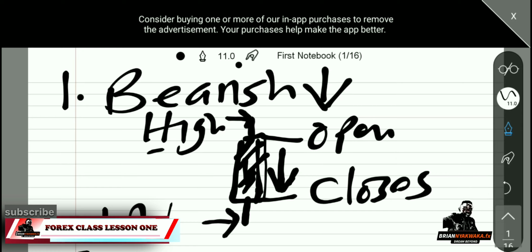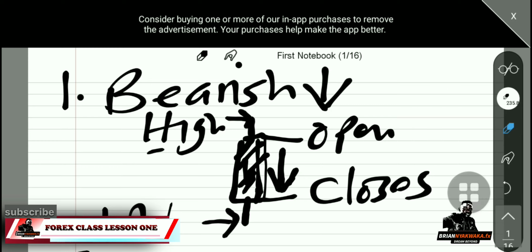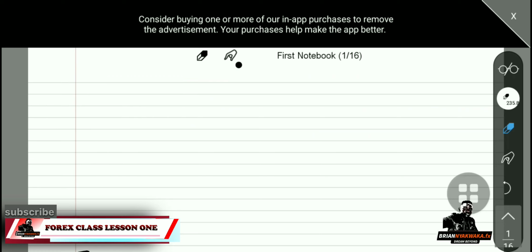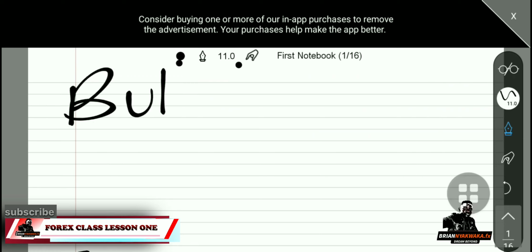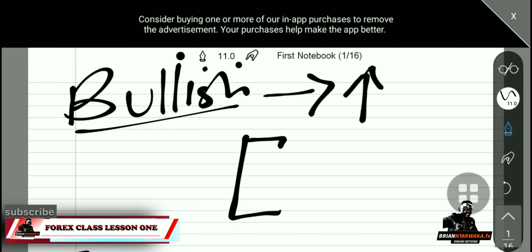So we are going to look at the second type of candlestick chart. So we have the bullish candlestick. Bullish means the price is moving upwards. So if you can guess, it means the price is opening at the bottom here.